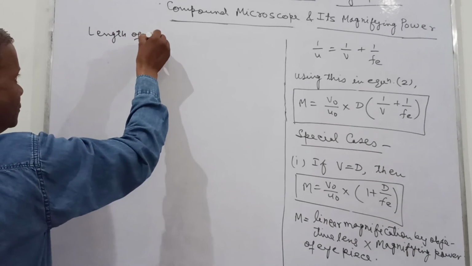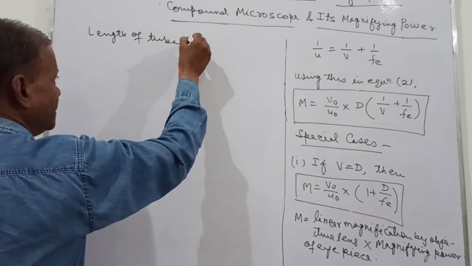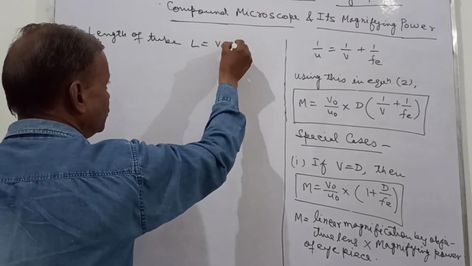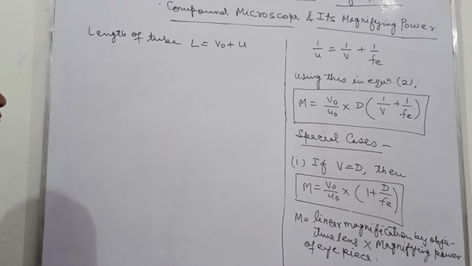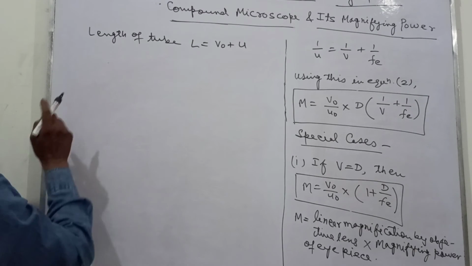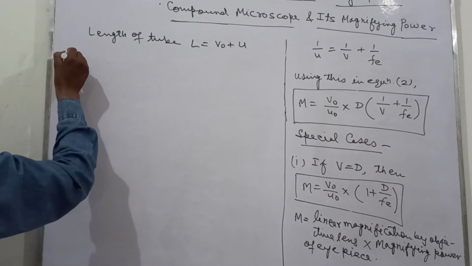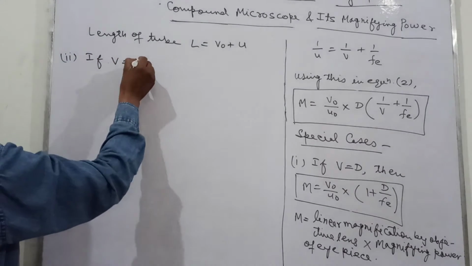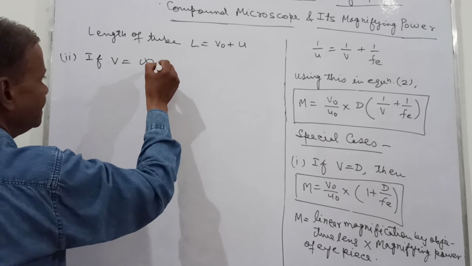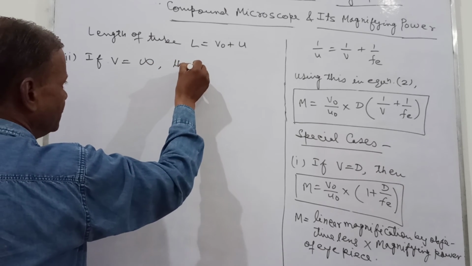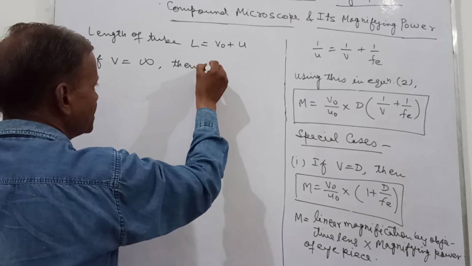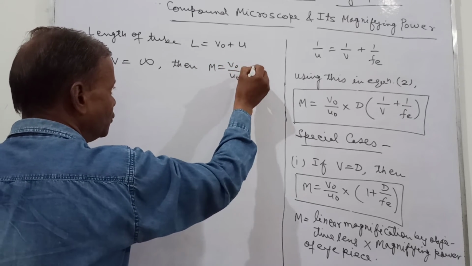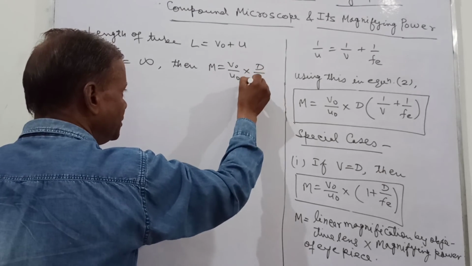Length of tube: this L is equal to B naught plus U. And now the second case: if b equals infinity, then you can see that this M is equal to B naught upon U naught into D upon F.